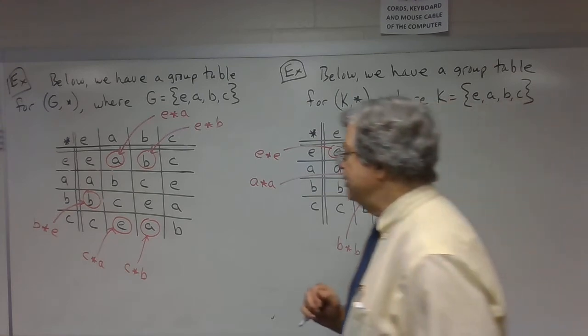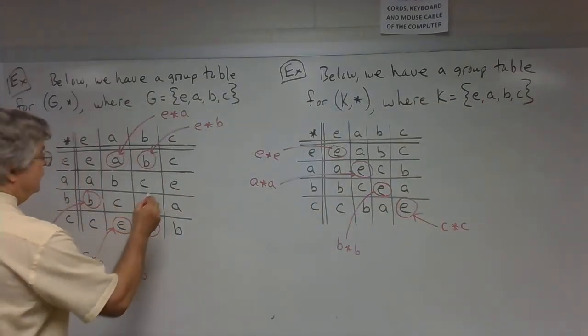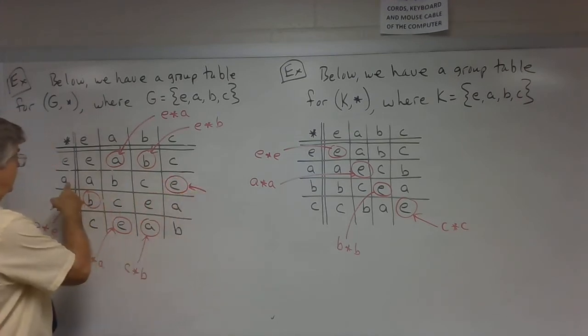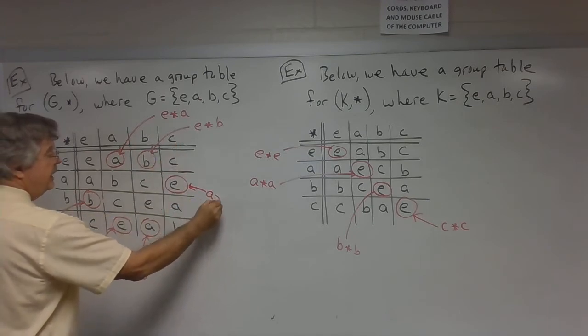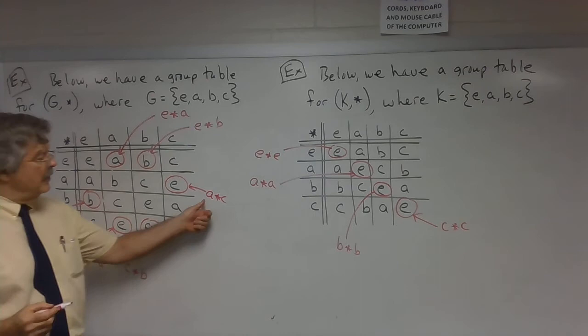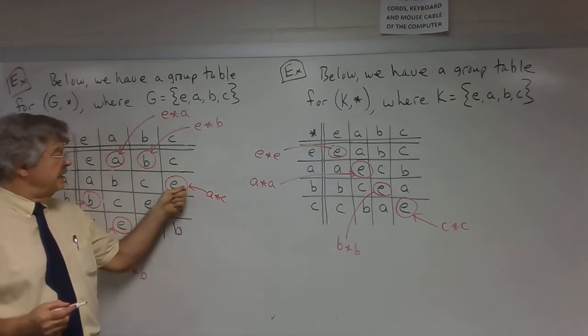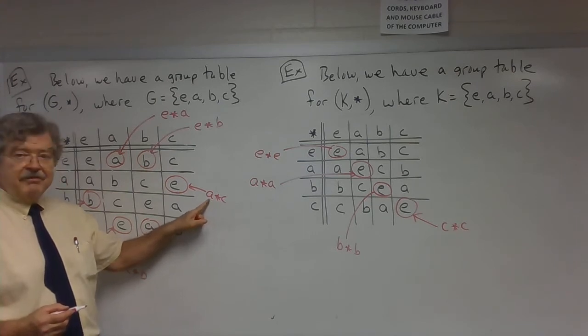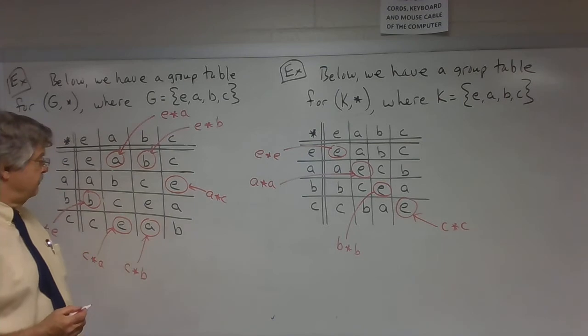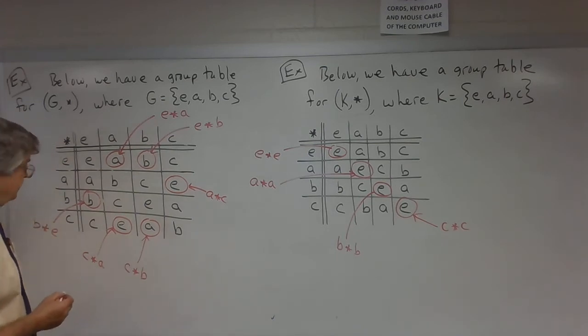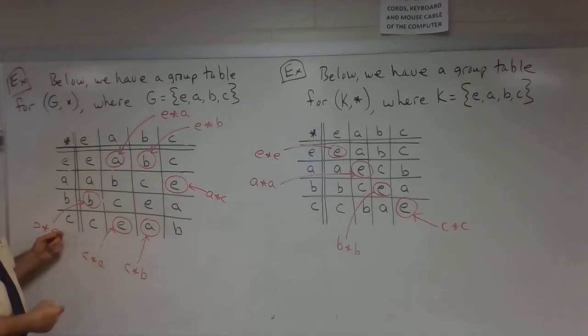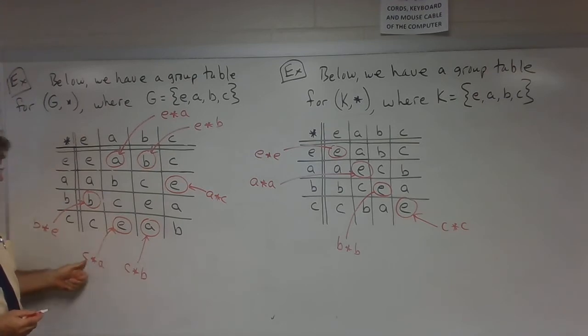And in our first group table, we had row A, column C, so this is A star C. Well, the element assigned to A star C is the identity, which means that C is the inverse of A, and A is the inverse of C. And here we have the identity appearing in the row headed by C and the column headed by A. So the identity E is the element that's assigned to the ordered pair C star A. So again, A is the inverse of C, C is the inverse of A.